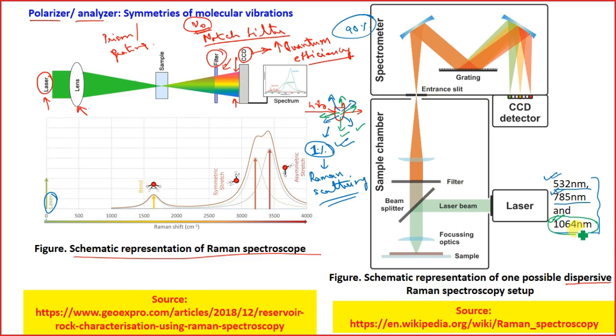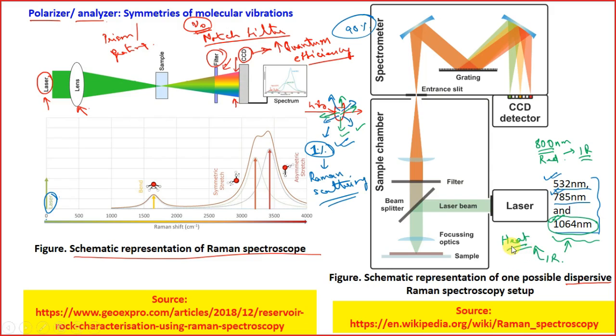This laser has some problems also. What is the problem? Up to 800 nanometers, we have the visible region. The color of 800 nanometer radiation is red. Beyond that, we get into the infrared region, so this 1064 falls in the category of infrared radiation. Now, infrared radiation can heat up the sample.